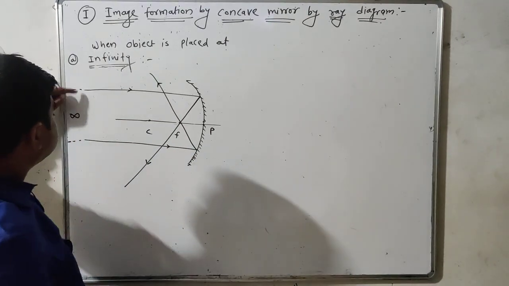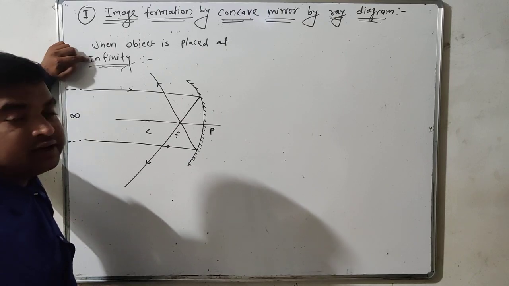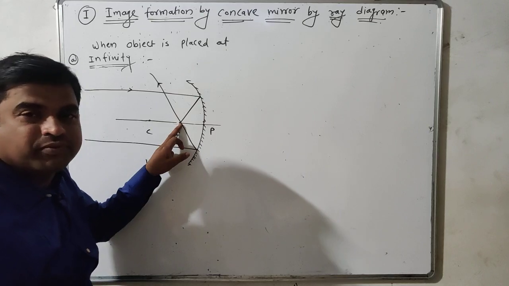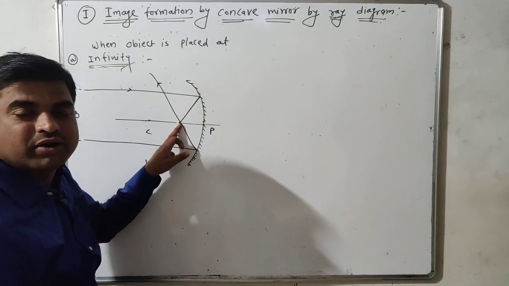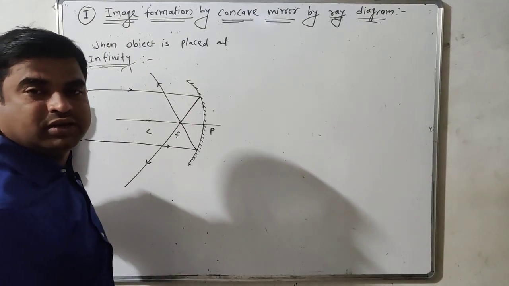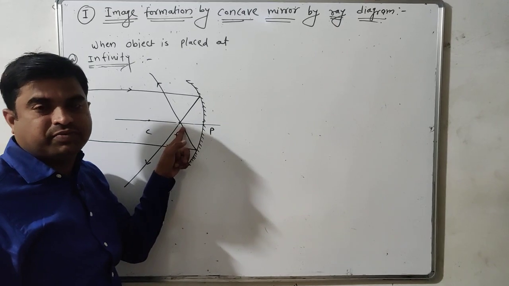That means these two rays which are emitted by the same point object located at infinity, after reflection these two rays converge to this point, right? Therefore, the image of that point object is produced exactly here at focus.